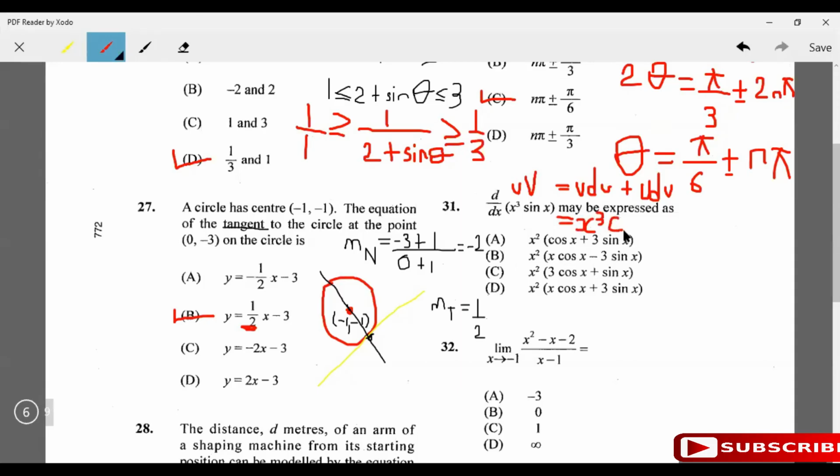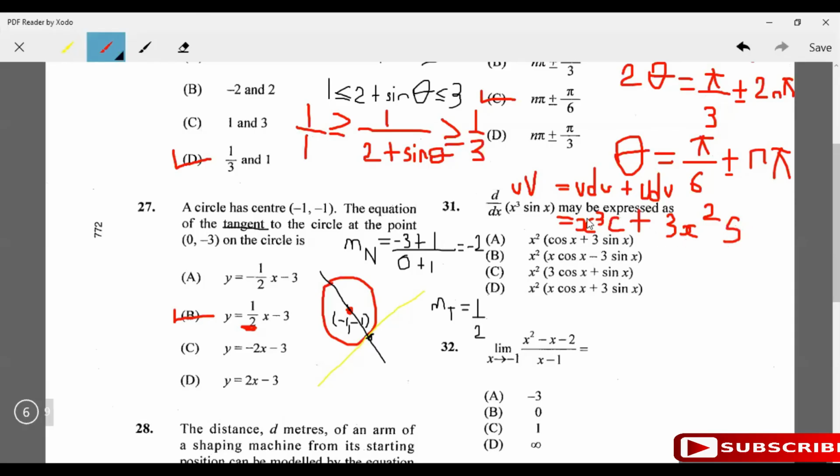So we get x cubed cos x plus, and then u dv, so V du plus U dv. So I need to differentiate that one to get 3x squared sine x. I'm going to call S for sine x.